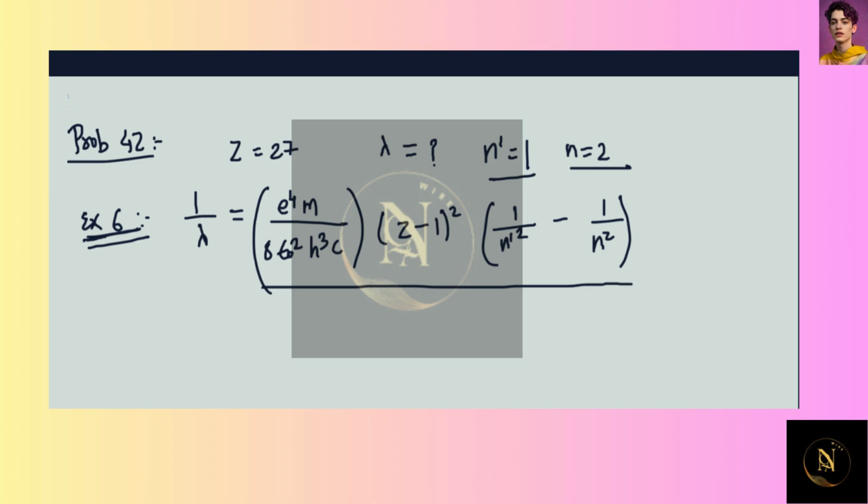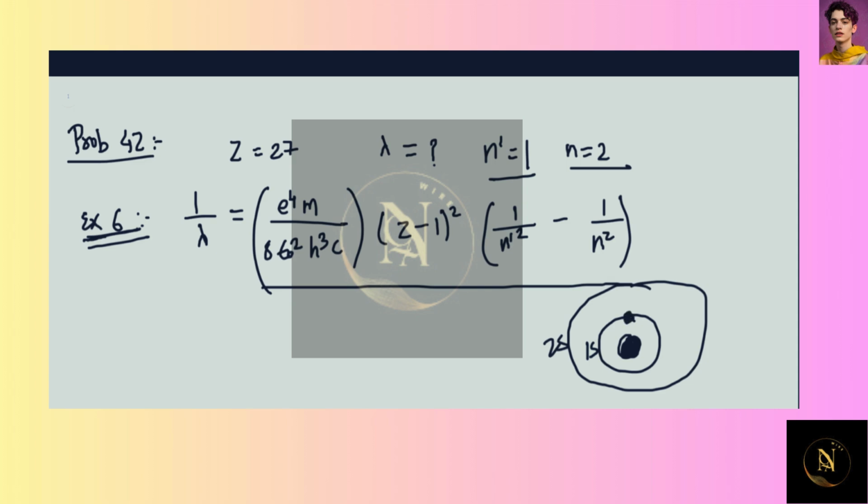And the reason that we have z minus 1 instead of z is because of the electron in the 2s orbit. Let's say that this black dot is the nucleus, and this is the 1s orbit, and this is the 2s orbit.